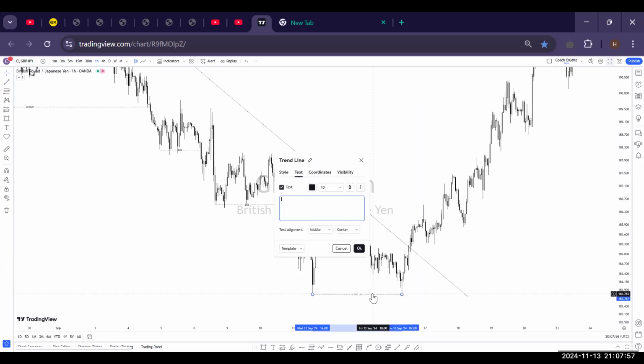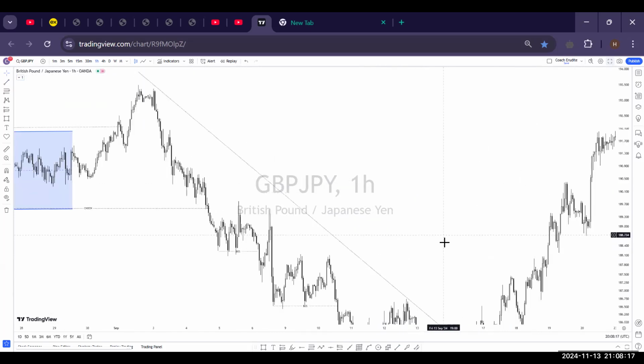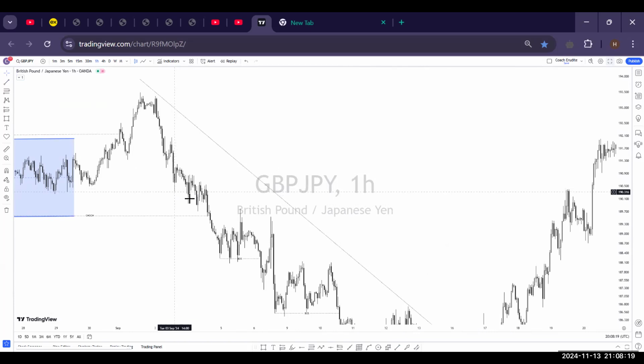And when you have an equal low, it's seen as liquidity. So now you may see that price has been doing what? There are a lot of break of structure. These are internal swing structure. So we just focus on the swing structure on the 1 hour time frame.